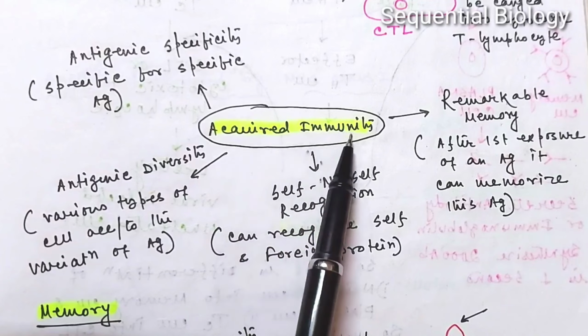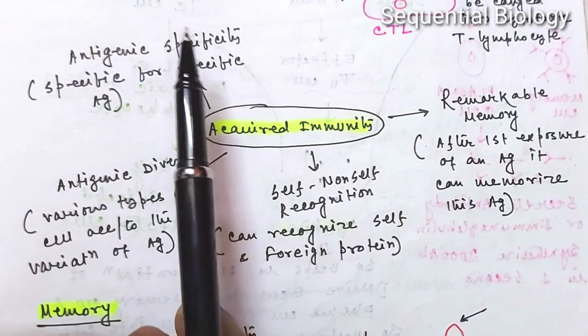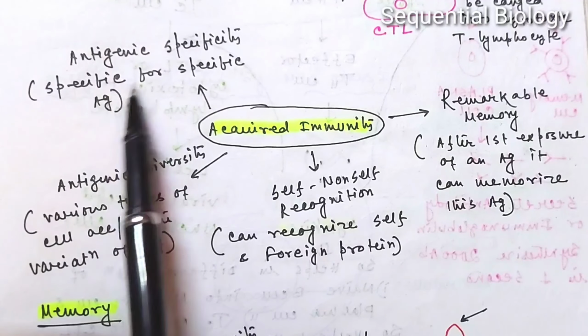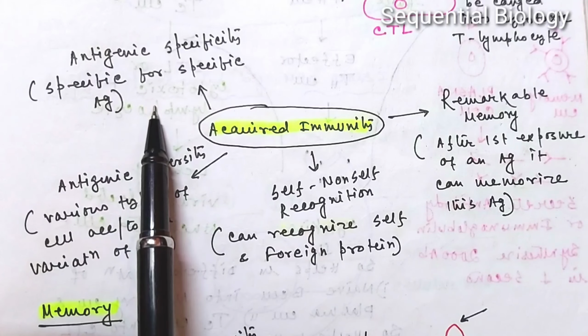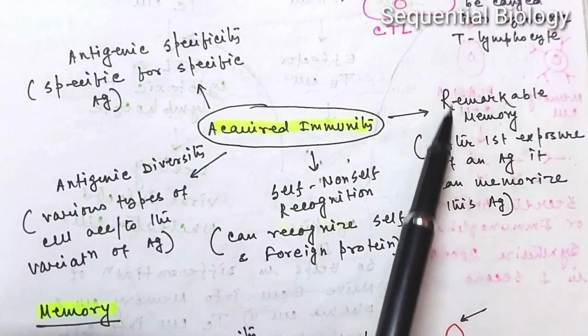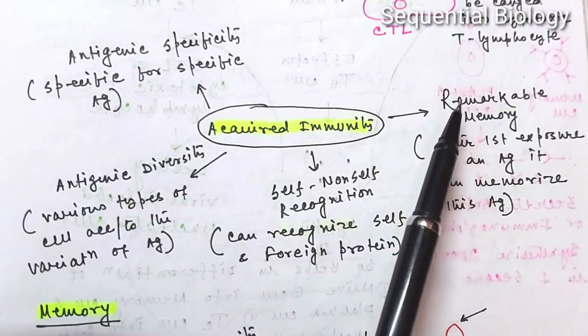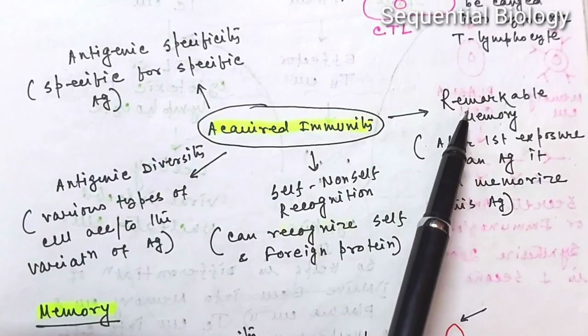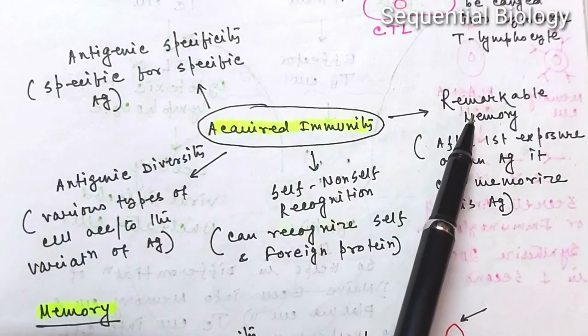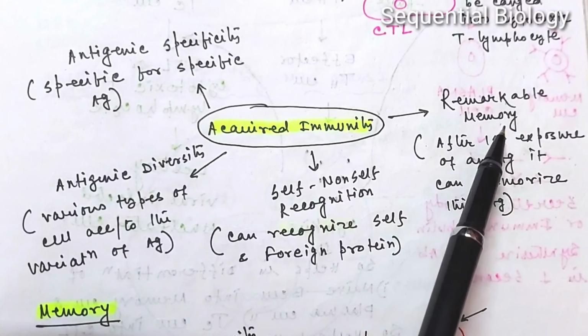The characteristic features of acquired immunity: acquired immunity shows antigenic specificity, that means it is specific for a specific type of antigen. And acquired immunity has a remarkable memory, because whenever any naive B cell is differentiated into memory cell and plasma cell, this memory cell remains stocked in our body. For this reason, our immunological system has remarkable memory.